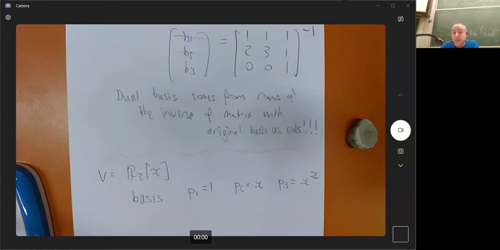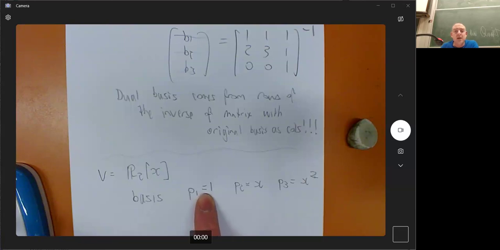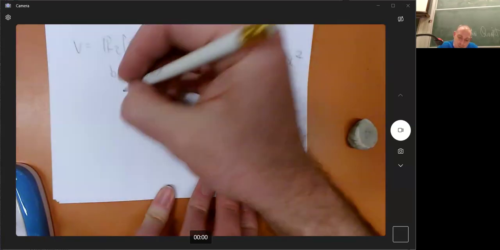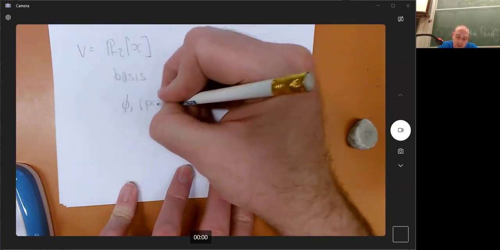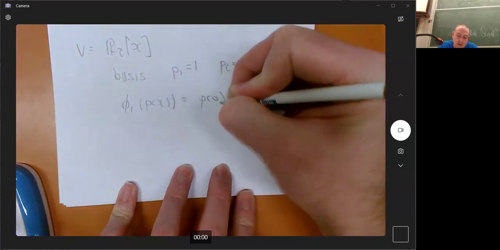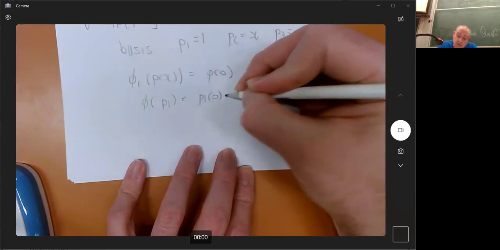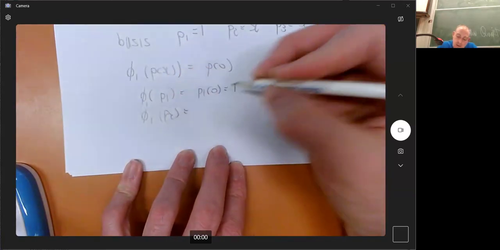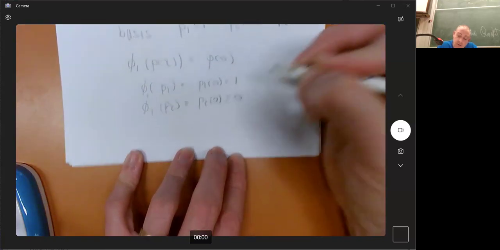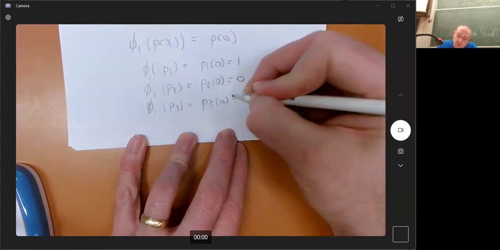So I do know one of them: subbing in 0 will make these 0 and that one 1. No other subbing in is going to work. So phi 1 of p of x is going to be p of 0, because phi 1 of p1 is p1 of 0, which is 1, because p1 is always 1, and phi 1 of p2 is p2 of 0, which is 0, and phi 1 of p3 is p3 of 0, which is 0 squared, which is 0.